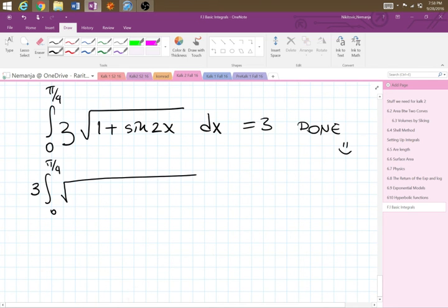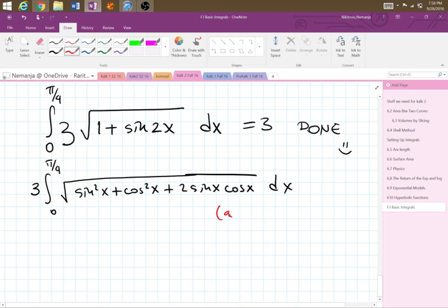So 1 is going to be sine squared x plus cosine squared x. And sine 2x is 2 sine x cosine x, everything dx. We want to use a plus b squared is equal to a squared plus 2ab plus b squared. It looks like that, which means we rearrange the terms to look like that.